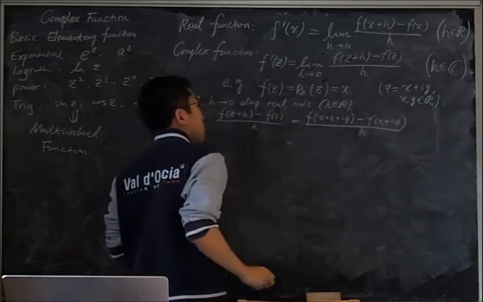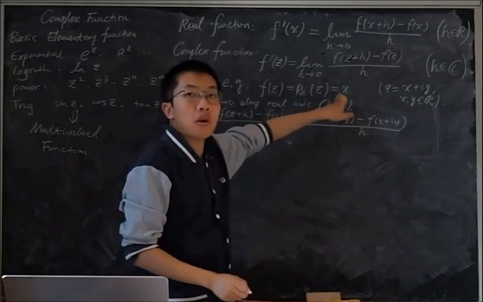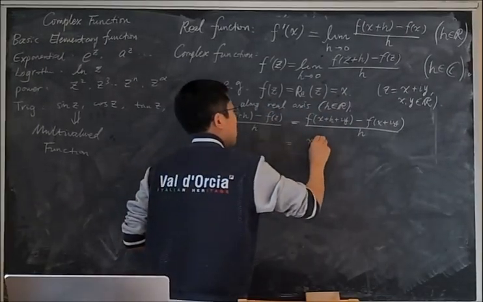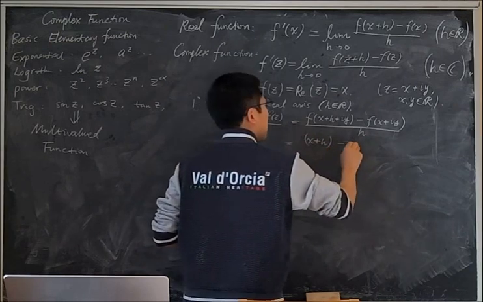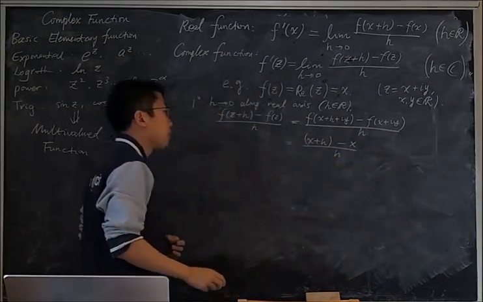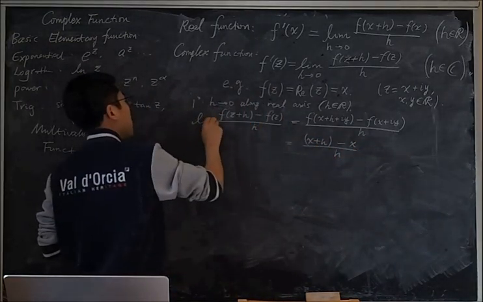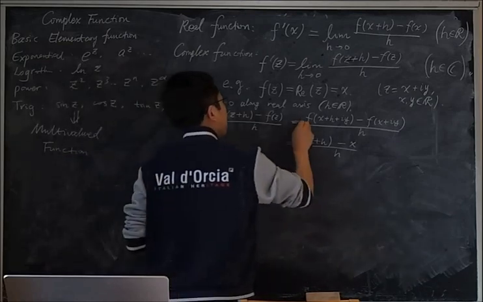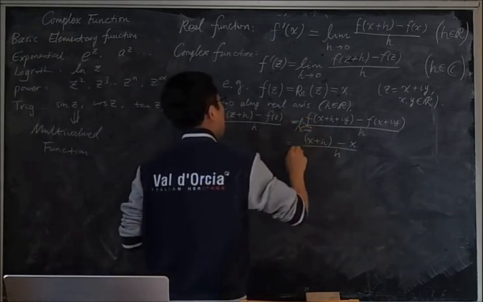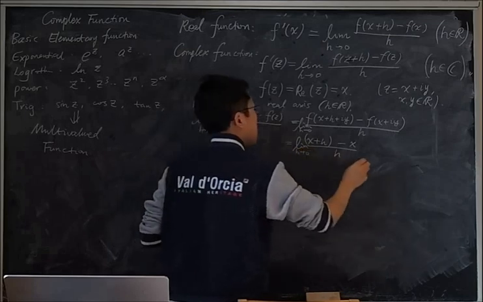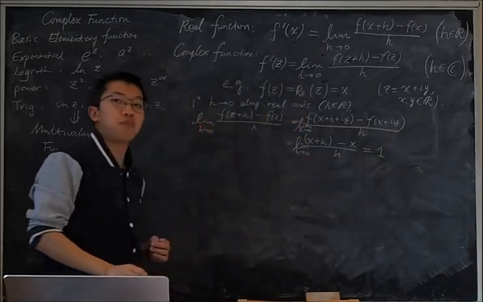That is just, for this function we only take the real part, so that is x plus h minus x divided by h. And if we take the limit of h approaching 0, obviously this limit is 1.